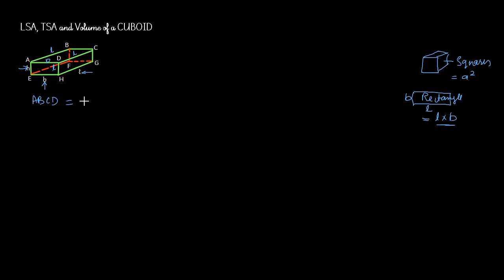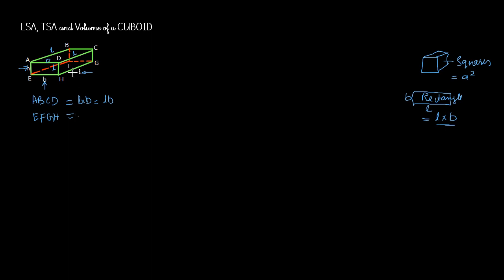So if I take ABCD as a rectangle, it has length L and breadth B. That means the area is actually going to be L into B, which is LB. Similarly, E, F, G, H. I'm trying to group them based on lateral surfaces and then the top and the bottom, so it will be easier for us to find out LSA and TSA.